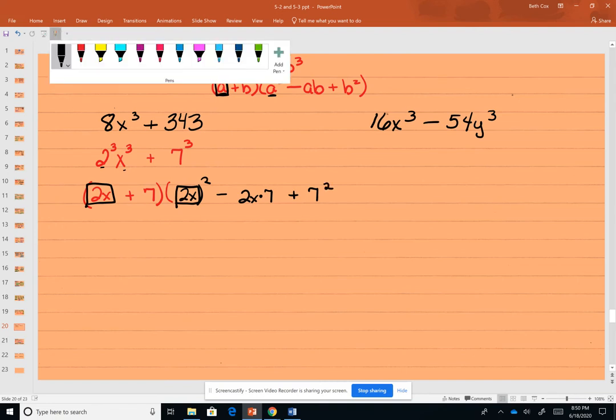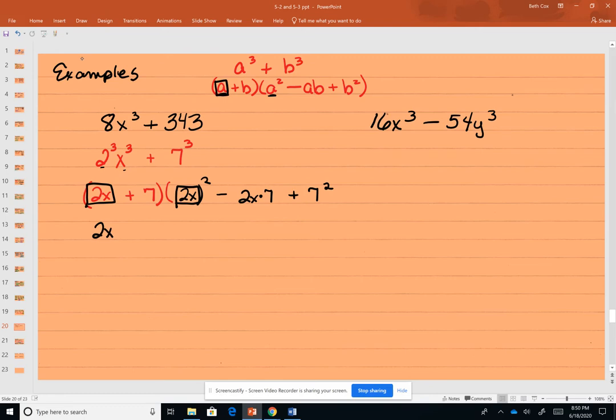Then we simplify that out. 2x to the second is 4x to the second, and this will be a 14x, it's supposed to be a minus, plus 49. And that's my answer for this one.